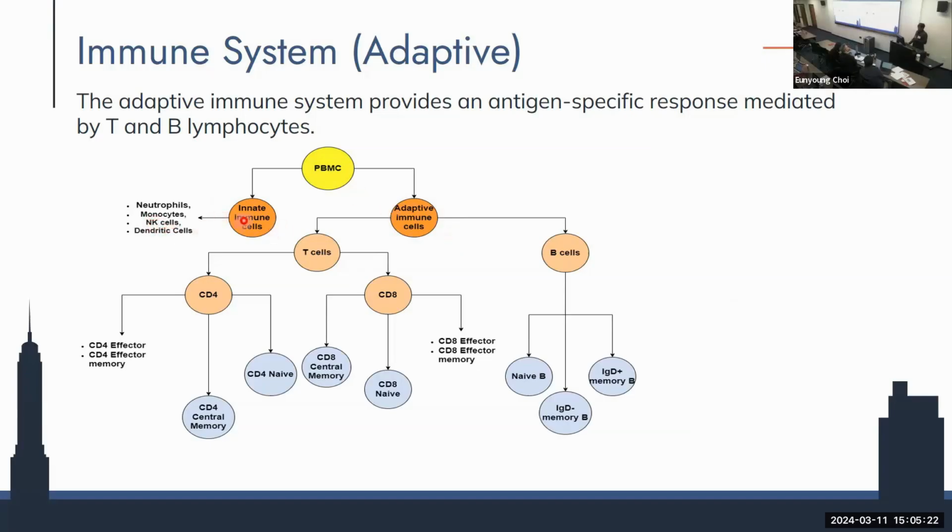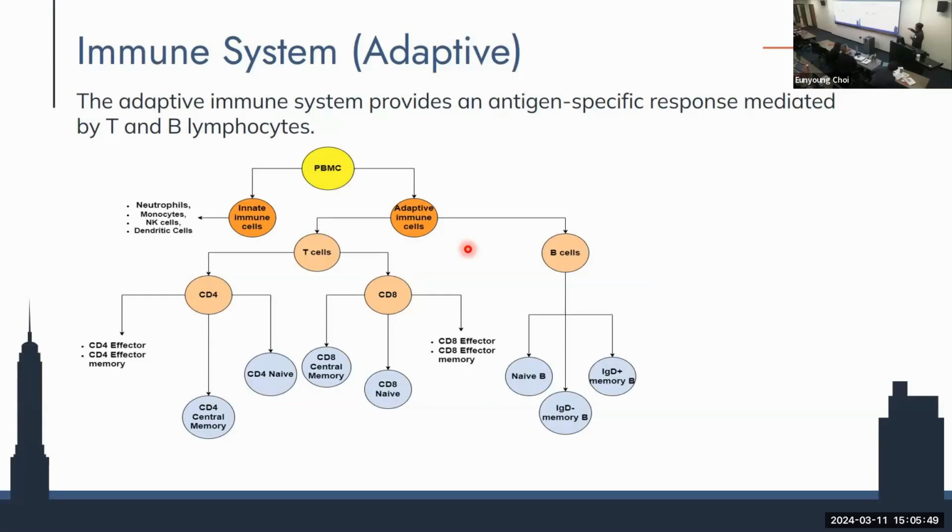Neutrophils and NK cells come under innate immunity, and adaptive immune cells are broadly classified into T cells and B cells. When a foreign particle enters into our bloodstream, B cells create antibodies. This is a famous term. So antibodies will neutralize the foreign particle within the blood. But once that pathogen or foreign particle enters into a cell, B cells can't do anything to it.